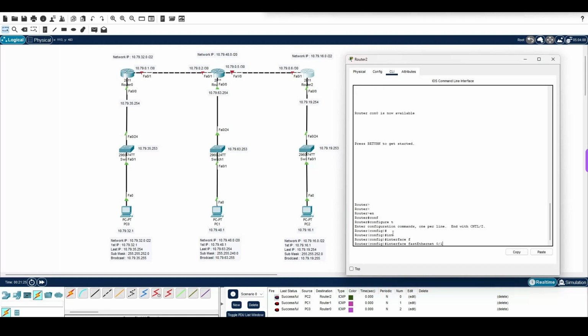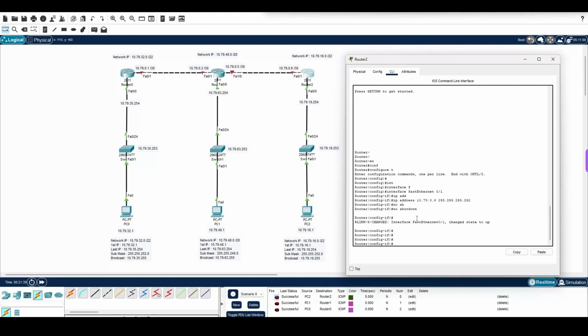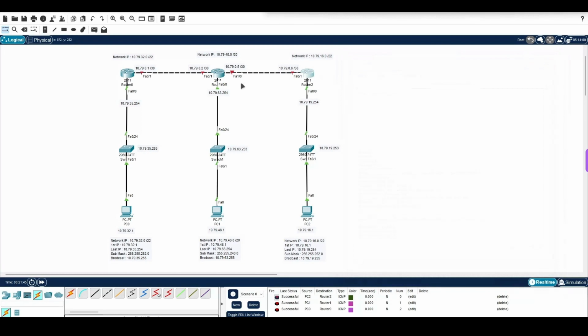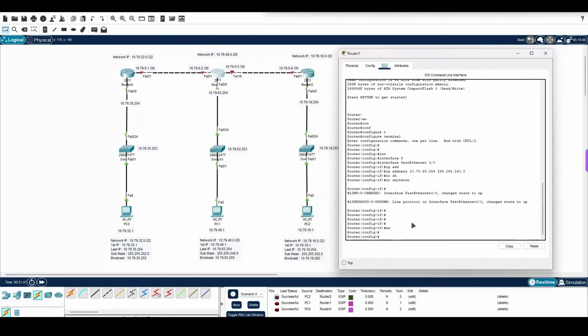Interface FA0/1, IP address. No shutdown. Remember always to use no shutdown because interfaces are in a shutdown state by default. So we need to change it to up.